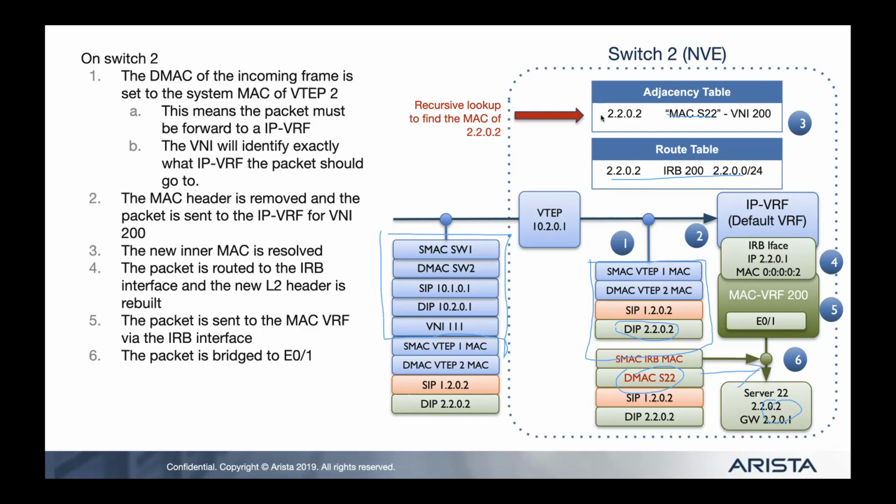If you are confused, you can refer to this diagram to understand which header is changed at each stage. Is it clear? There is a step-by-step explanation as well. Any questions?